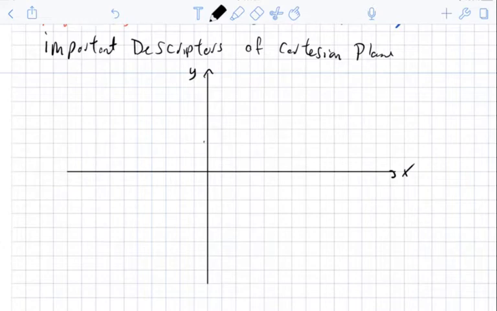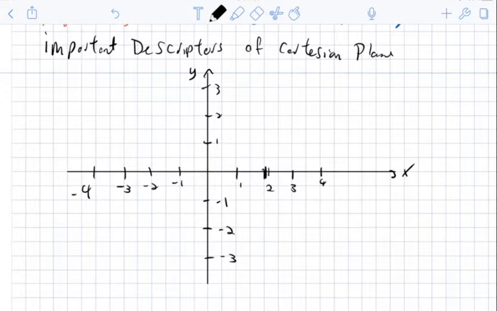Okay, 1, 2, 3, minus 1, minus 2, minus 3, and 1, 2, 3, 4, minus 1, minus 2, minus 3, minus 4. Okay.